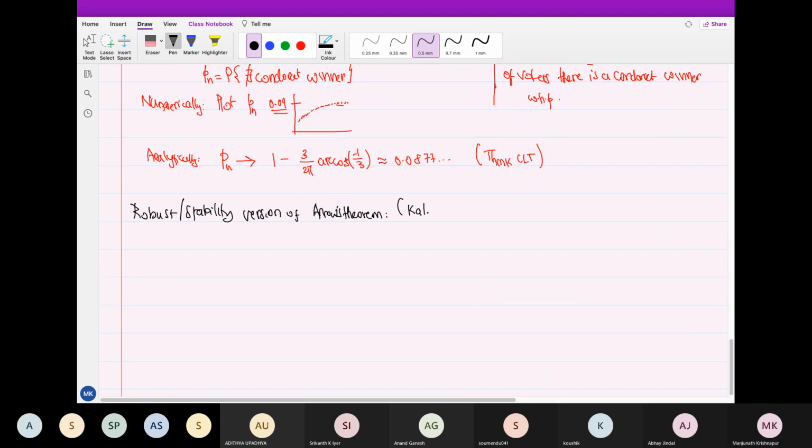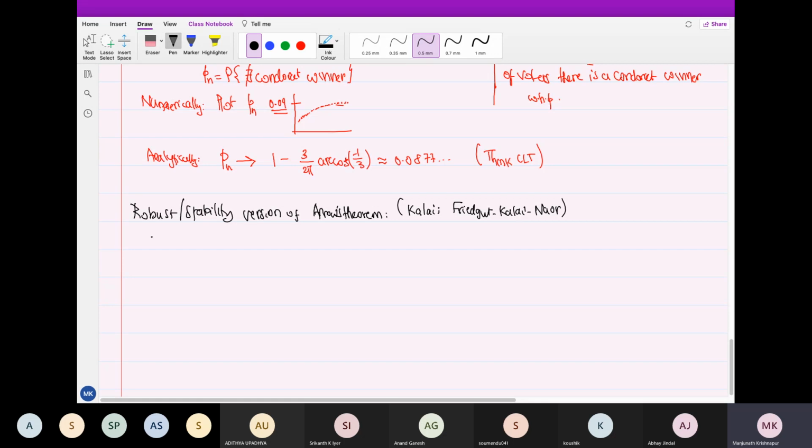So Kalai proved it, but I'm a little unclear, so the proof we are giving is maybe due to Friedgut, Kalai, and Assaf Naor, all famous people.